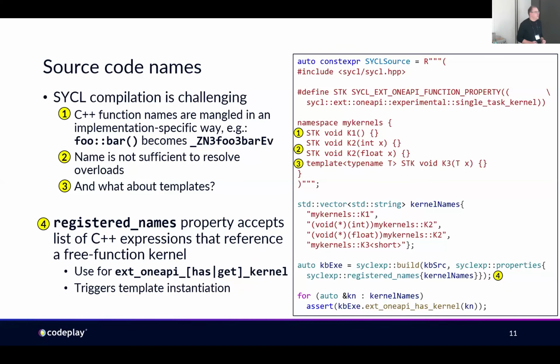And this accepts a list of C++ expressions that reference a specific free function kernel. And this can be as simple as just a fully qualified name, but as you can see right in the middle, you can use this to distinguish the overloads as well.